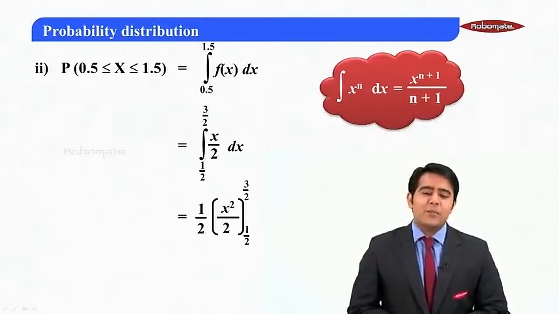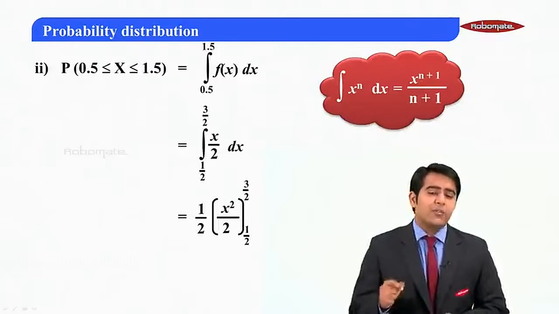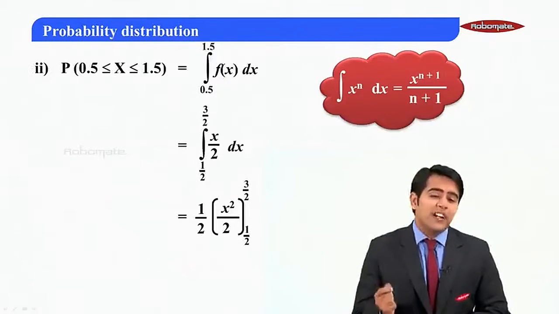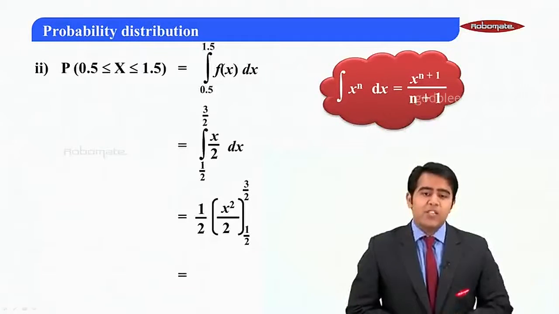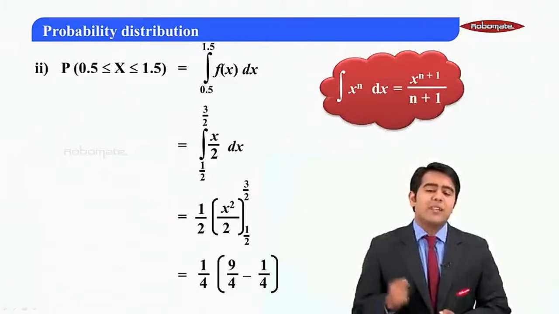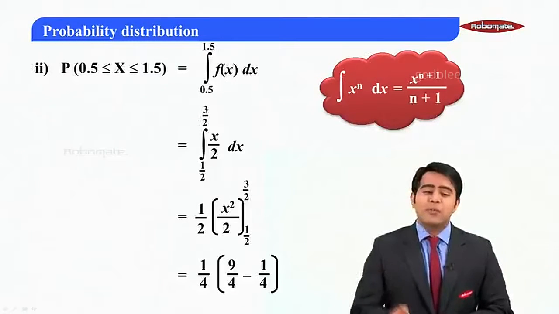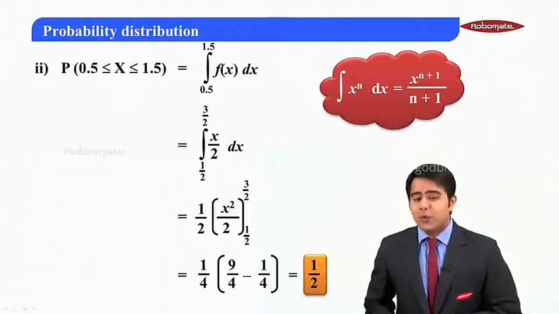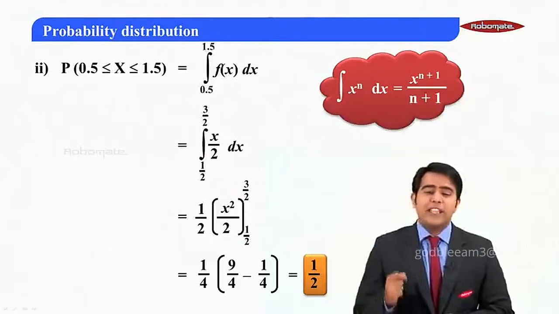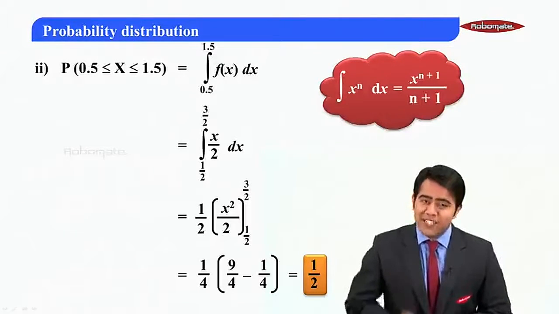So the terms will be 1 by 2 into x square upon 2 from the limit half to 3 by 2. Here half is nothing but 0.5 and 3 by 2 is nothing but 1.5. Substituting the limits, I get the value as 1 by 4 into 9 by 4 minus 1 by 4. So this value is nothing but 1 by 2. So this is my value for P of x greater than or equal to 0.5 and less than or equal to 1.5.